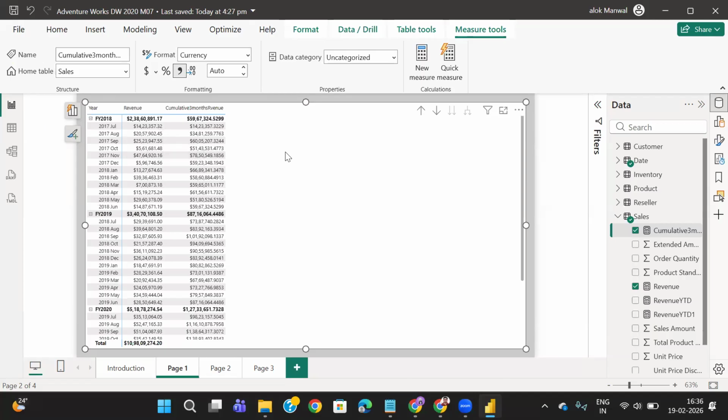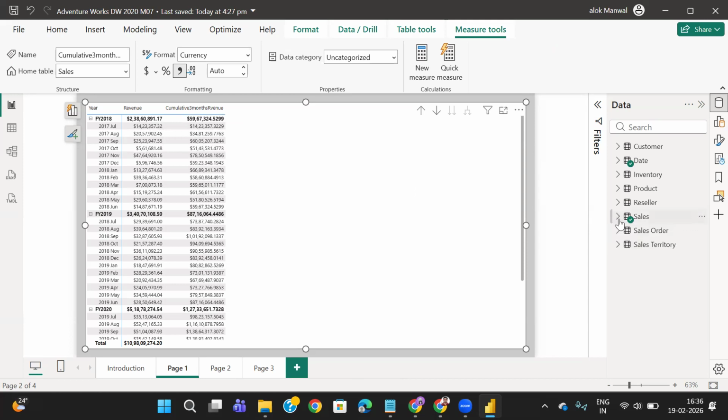So this is for cumulative 3 months, and we have already covered the running total, in which you sum with every row. But here you can give the intervals of 3 months. The same way you can do the interval of days, or years.